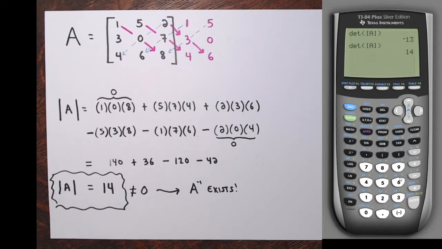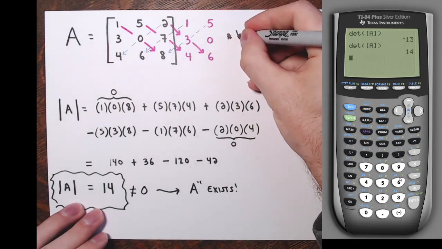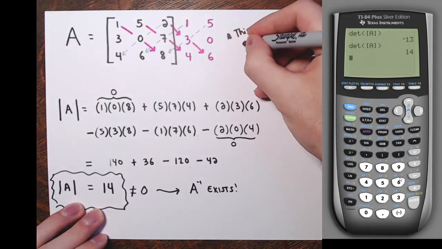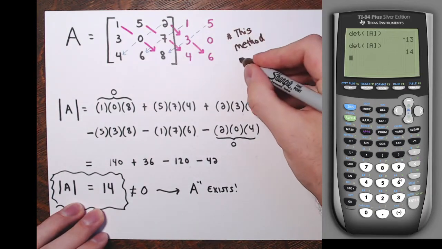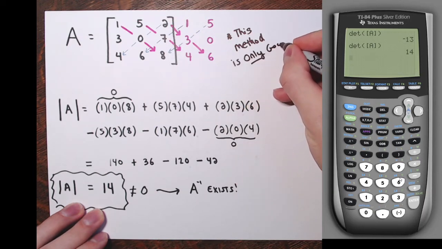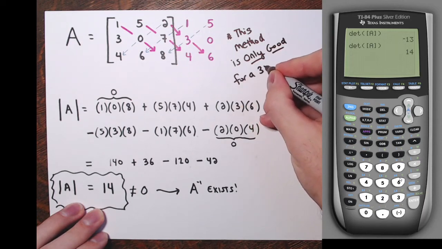And I will make a note for you, and I know I said this out loud a second ago, but this method of copying columns and doing these diagonals, this method for finding a determinant is only good for a 3 by 3 matrix.